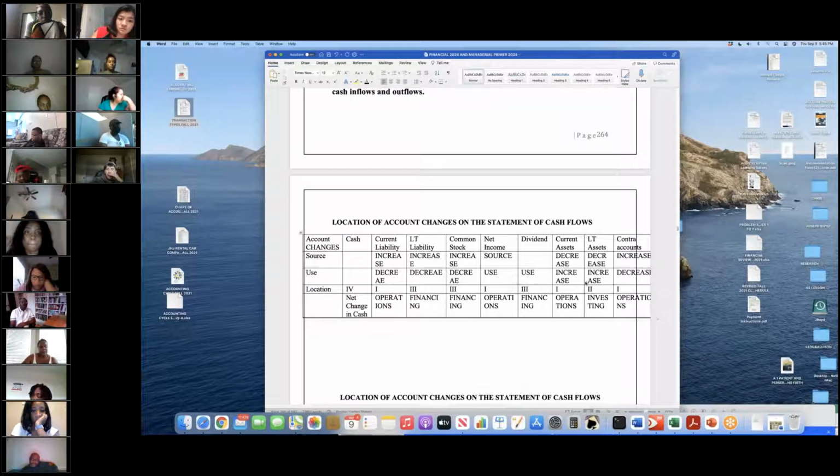Current assets go in Part 1, operations. Long-term assets go in Part 2. And what we're trying to make sure of is, number one, did you increase your long-term assets so your business is expanding? Or did you sell some of your operations and you got cash?